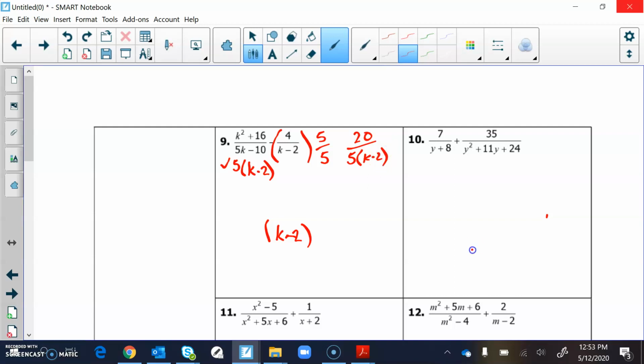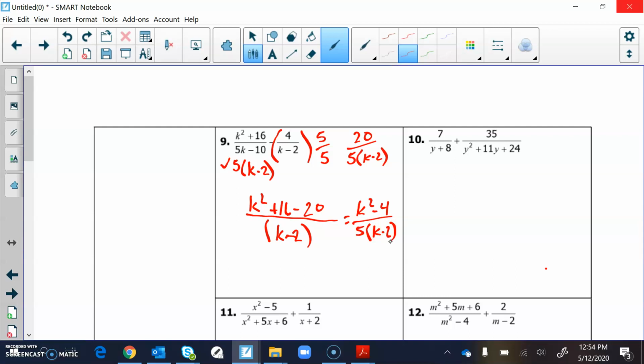Okay, so what does our fraction look like? Looks like this, k squared plus 16 minus that 20 up there that I just had. Now, I want to clean up the numerator. So off to the side, I'm going to redo that. That is k squared minus 4 over 5 times k minus 2.